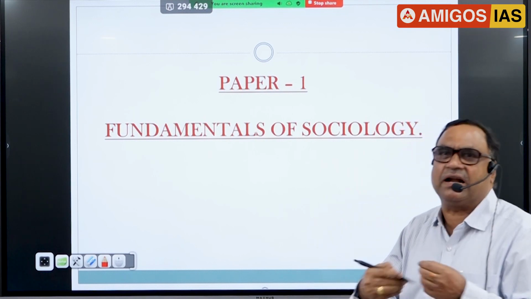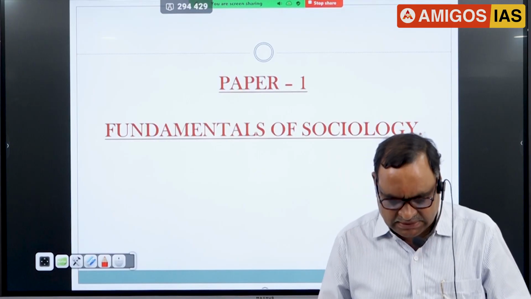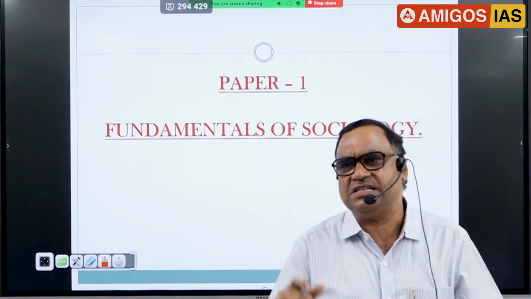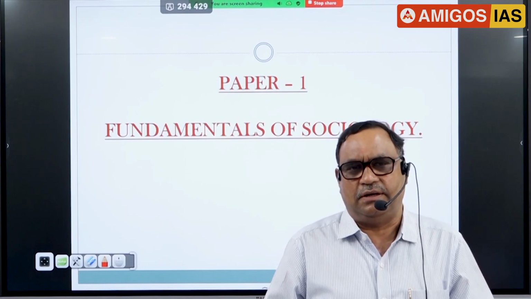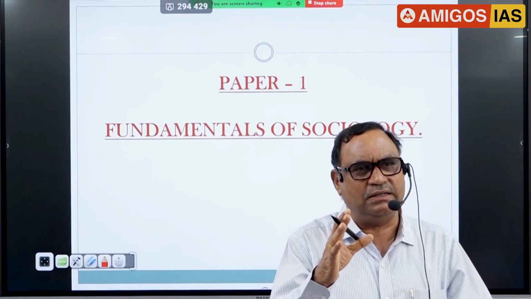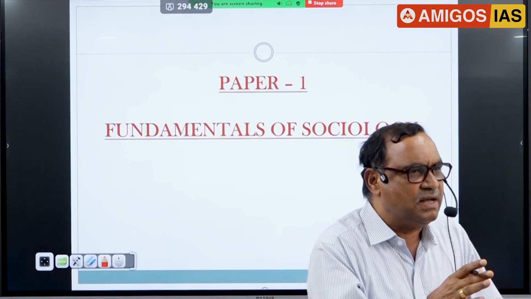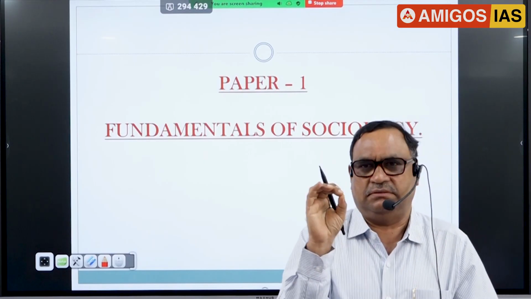Then let me quickly discuss what are the important components of paper 1, that is fundamentals of sociology. If you carefully examine the syllabus of paper 1, there are 10 important components.